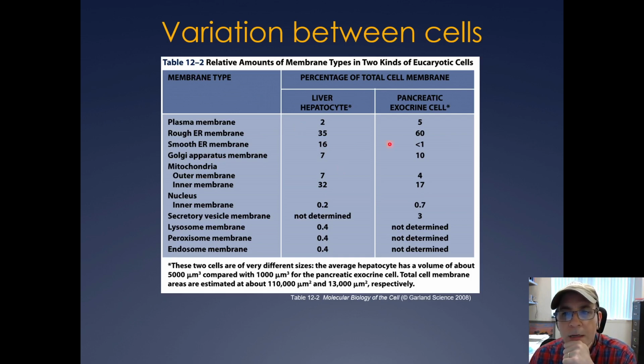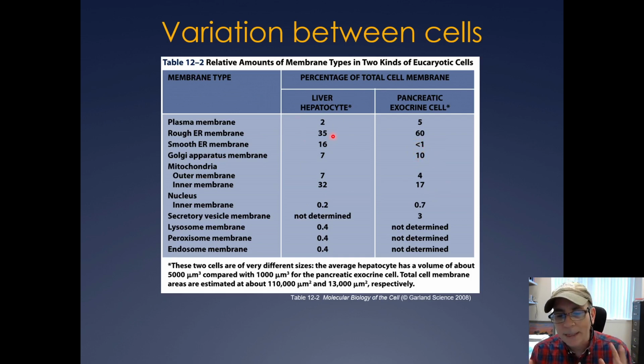Okay, so if you look over here, you have a pancreatic endocrine cell. This is a heavy secretor. It secretes insulin as well as other things. It's going to have a lot of rough ER relative to what a liver hepatocyte has. But it also has a lot less smooth ER, and a little bit more Golgi. You don't need to know the difference here.